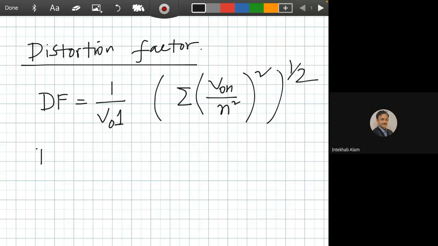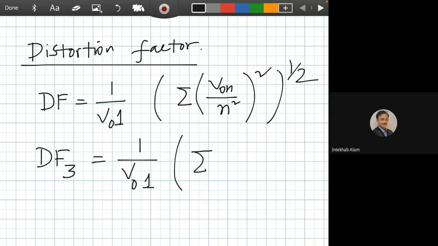If we calculate the distortion factor for, say, 3, that means the third harmonic, then the equation will become: the sum of VO3 only, divided by 3 square, so others are not present, and then again we take the root.